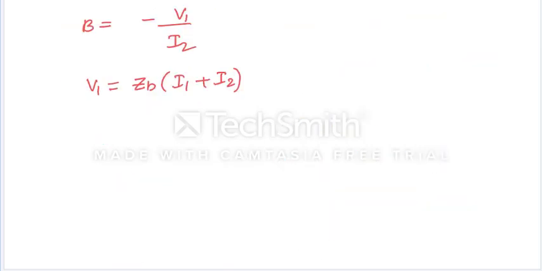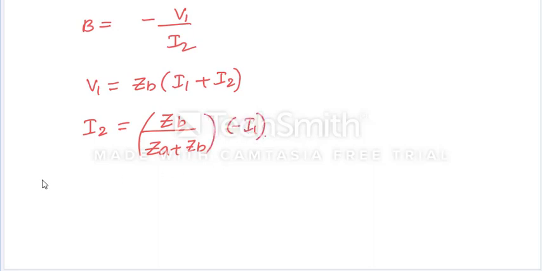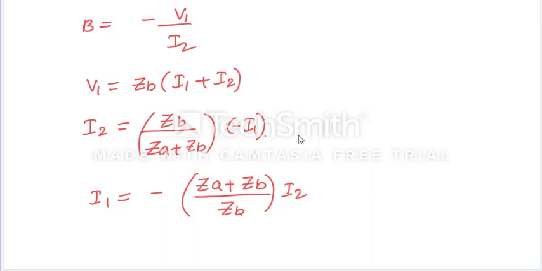Next I2 is equal to ZB by ZA plus ZB into minus of I1 now. Now here we need I1 to be eliminated. From this, I1 is given as what now here? Minus of ZA plus ZB by ZB into I2 now.